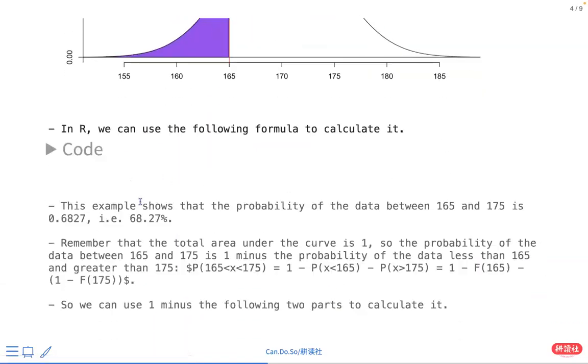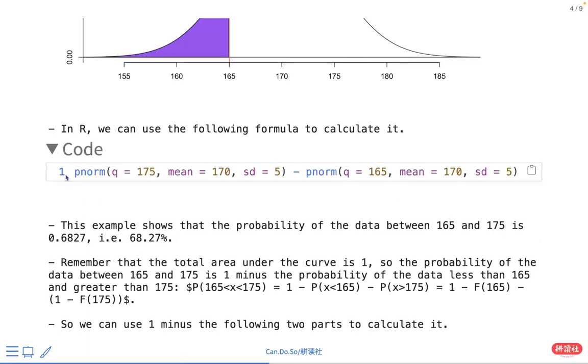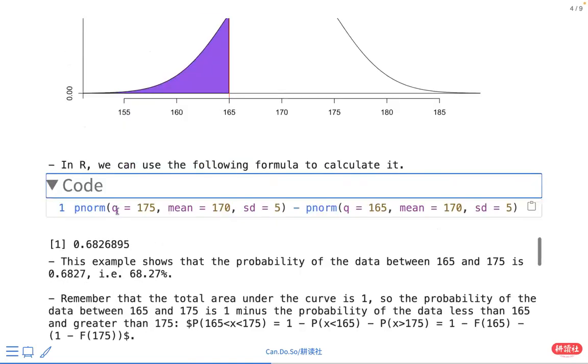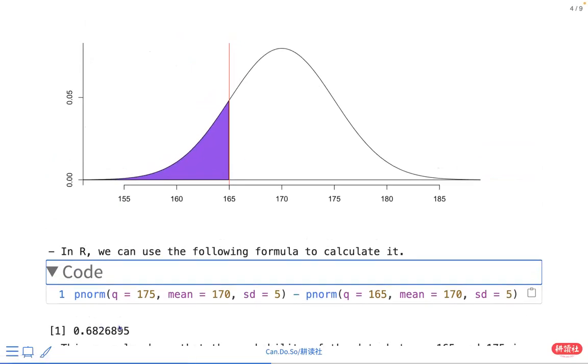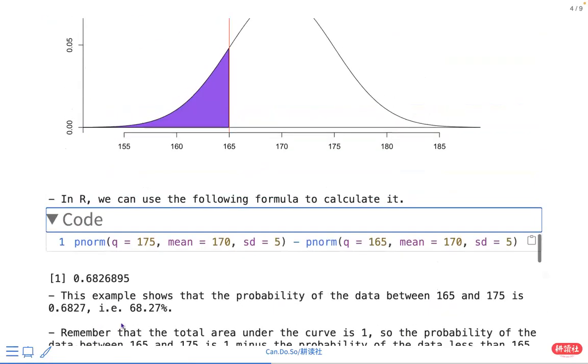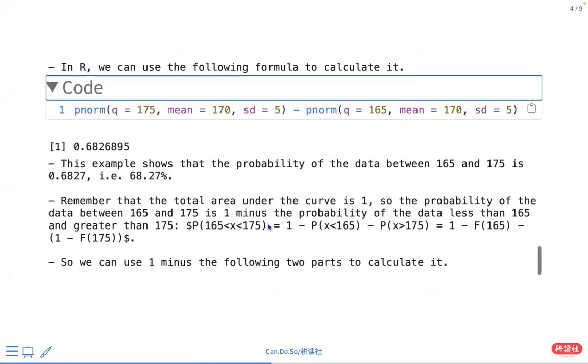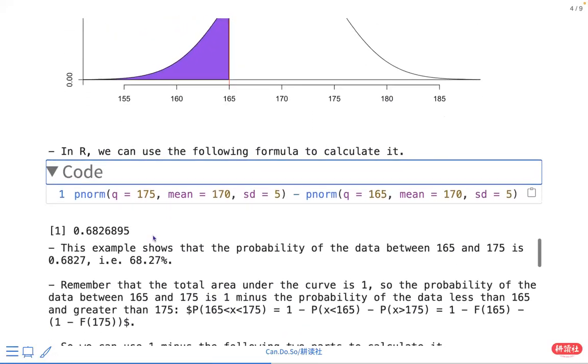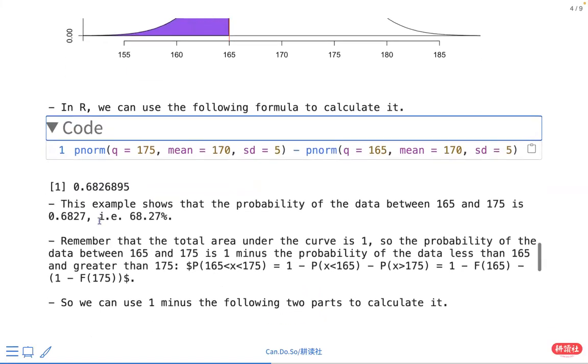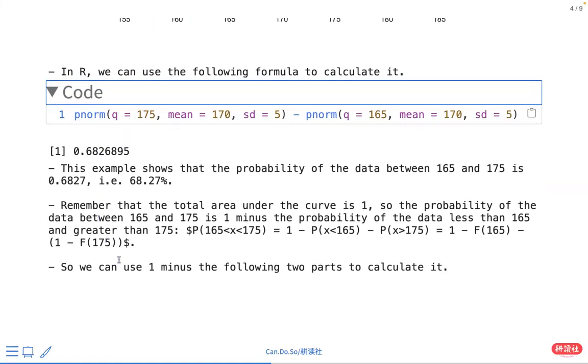So in R, we use pnorm of 175 minus pnorm of 165, and we get it. This part is 68%. We will use this number, so remember it.